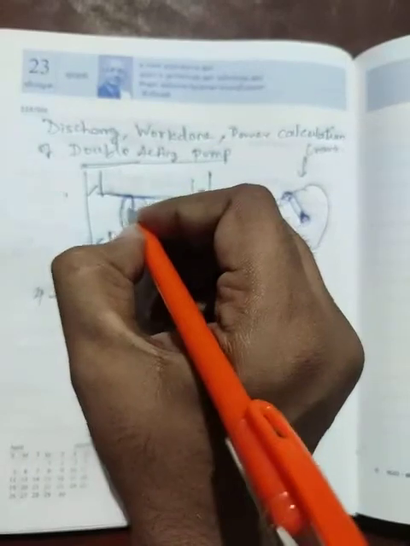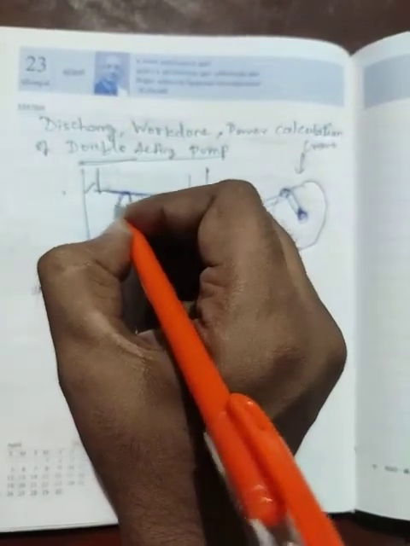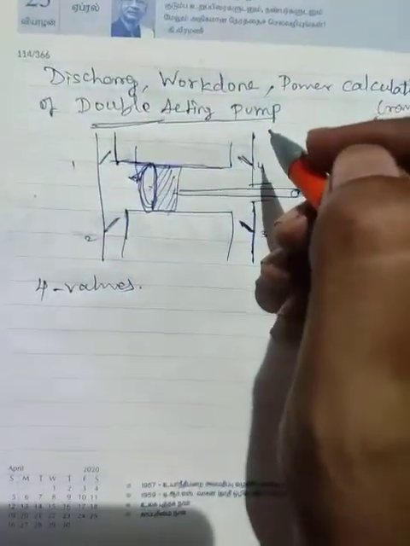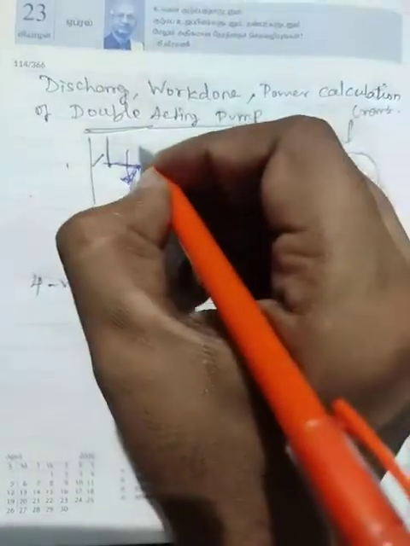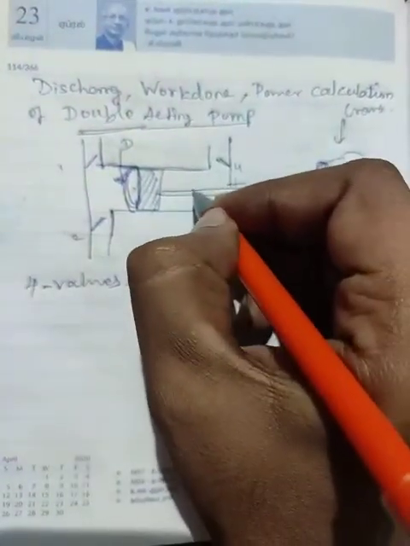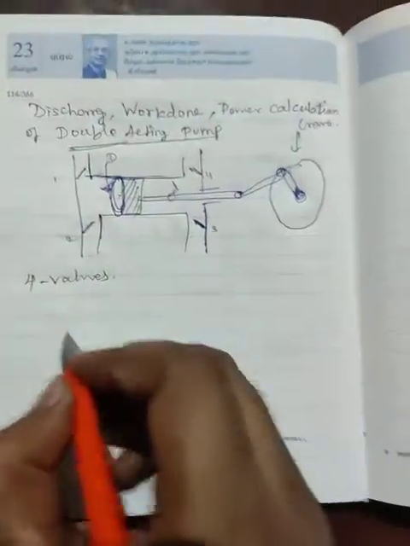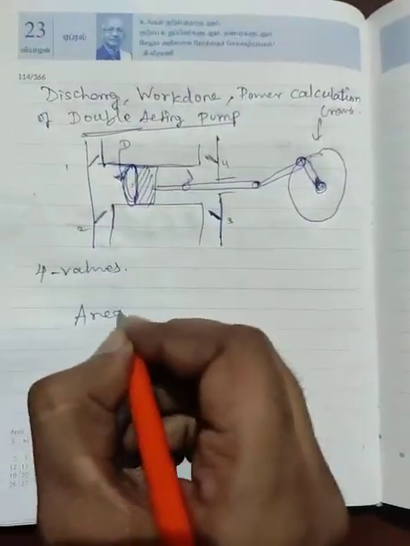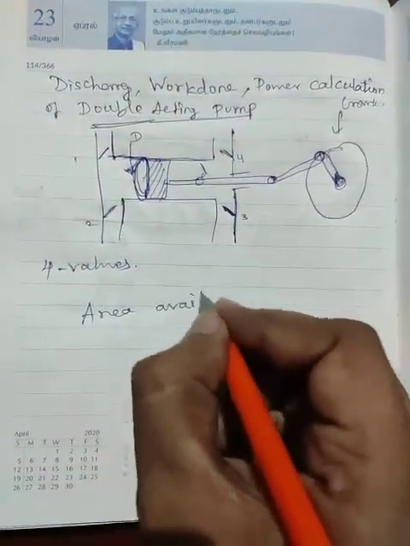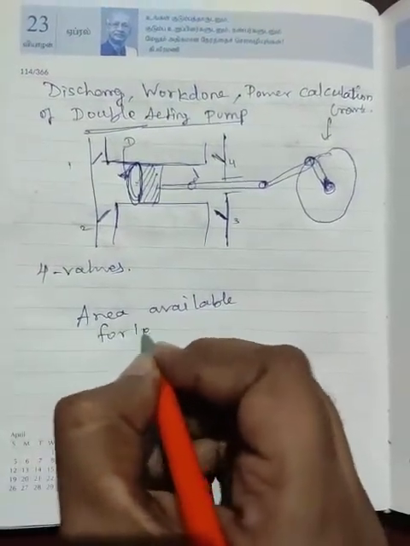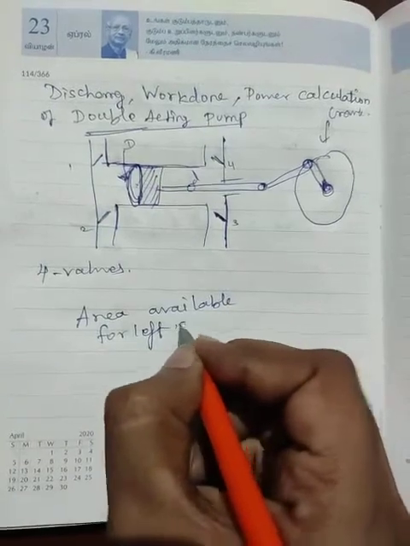The piston has two sides which have different diameters, so they obviously have different areas. The left side of the piston has diameter capital D, which is fully available for the pressurization of the fluid. Whereas on the right side, a certain portion is left outside, namely the connecting rod, which has a certain diameter.